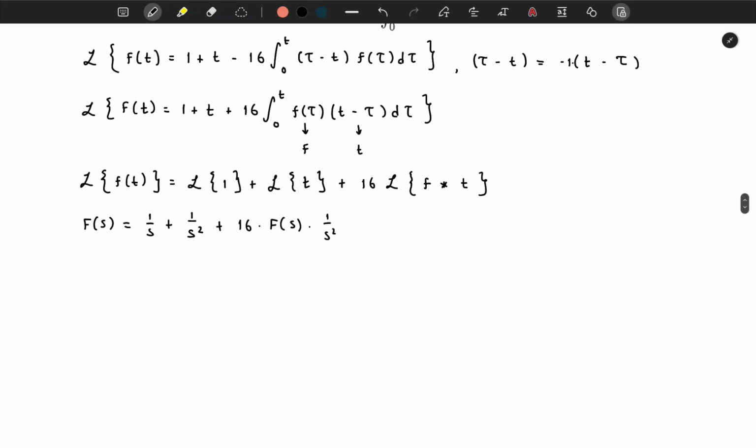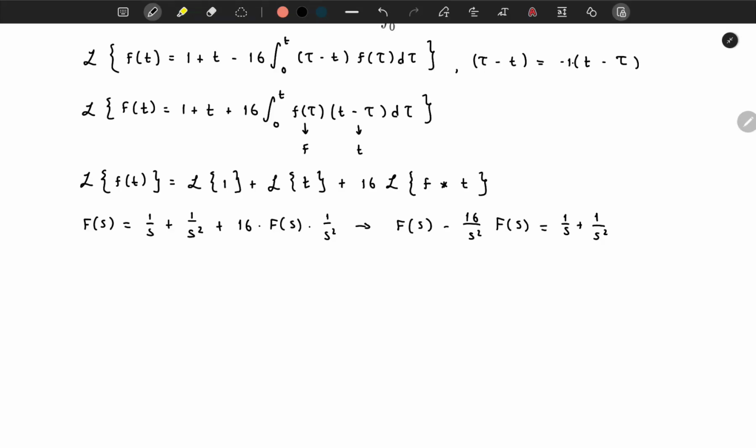What we can do is move our 16 F(s) times 1 over s squared to the other side and group it with the other F(s). So this would give us F(s) minus 16 times 1 over s squared times F(s), and it's equal to 1 over s plus 1 over s squared.